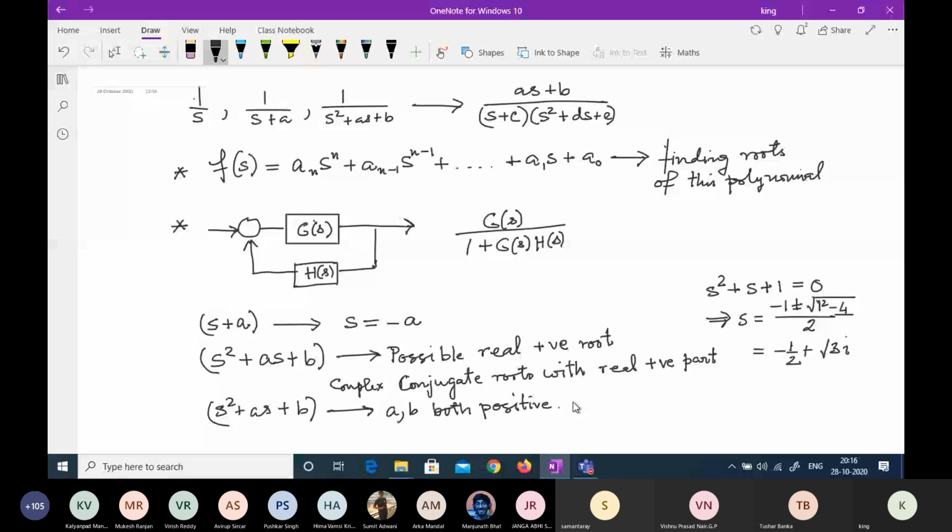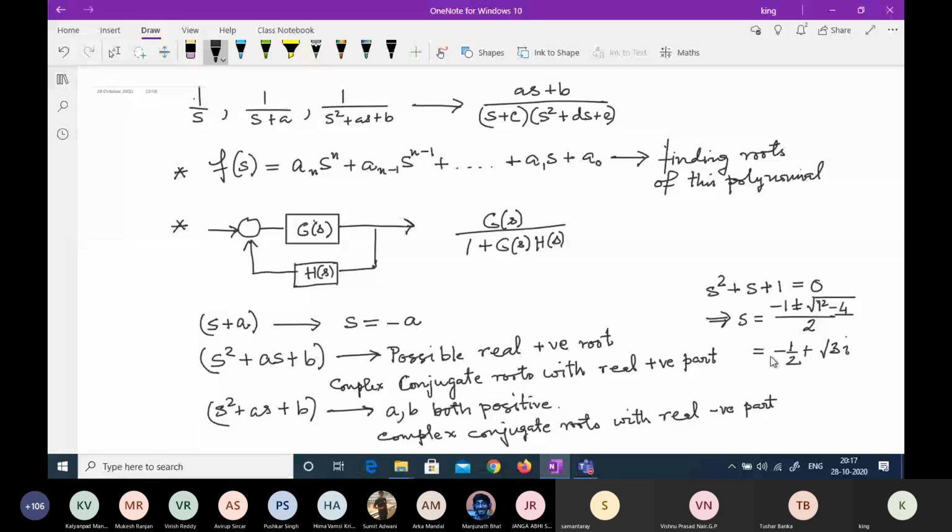Now having this kind of roots is good, because if you can remember your Laplace transform, you will see that this will contribute to an oscillatory part of the signal, whereas this is going to contribute to damping.